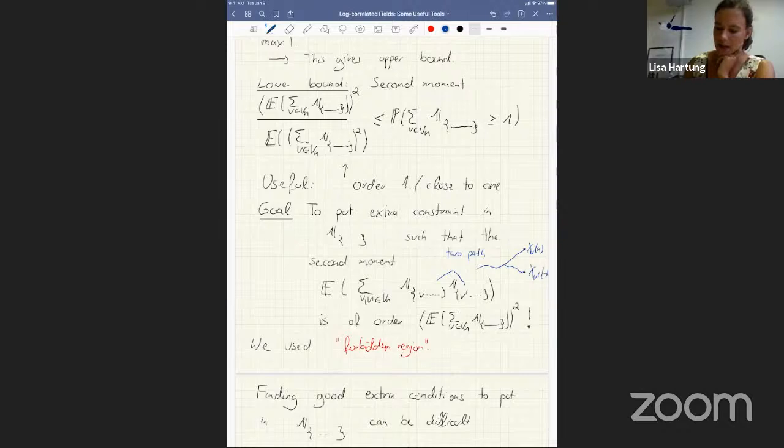And as I told you yesterday, branching random walk is super nice because you have this one particular point where the paths before are completely correlated. After this point, they branch off from each other and take different increments. So afterwards, they are independent.